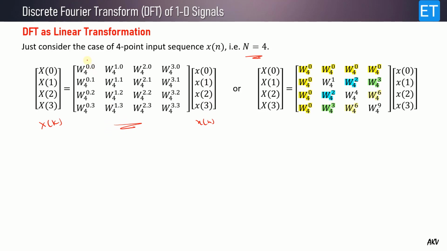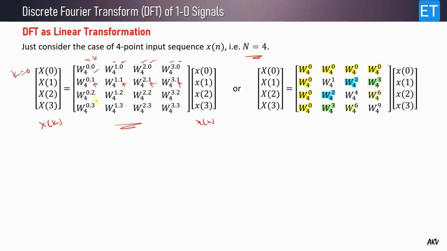So here you can see for all nk, it is very easy to write. So you just keep k equal to 0 in first row. So k equal to 0 you can see in first row and n is varying from 0 to 3, 0, 1, 2 and 3. In second row k equal to 1, right, k equal to 1 and n is varying again from 0 to 3.